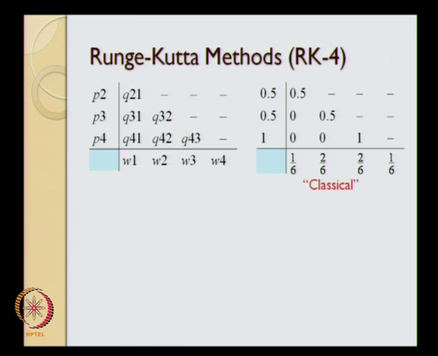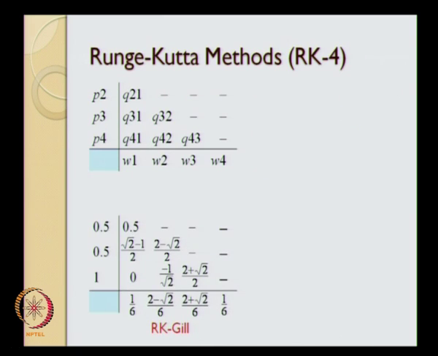Various different people have since devised different methods for using this RK4 method. One of the more popular explicit methods is the Runge-Kutta-Gill method. The reason why the Runge-Kutta-Gill method is popular is that its objective is not just to minimize the truncation error, but it also tries to minimize the round off error.